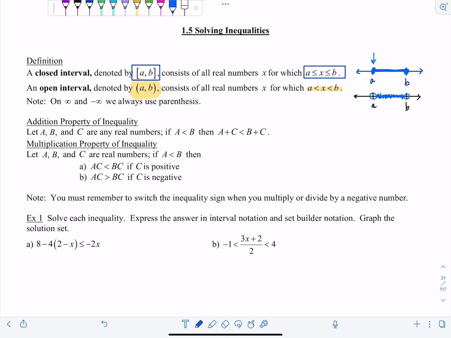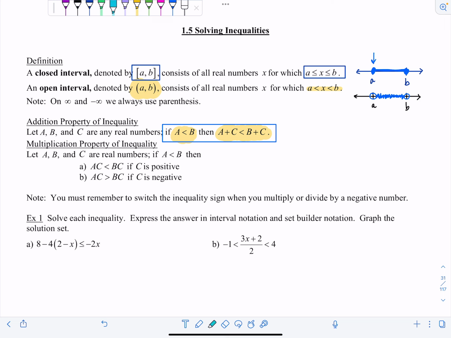Couple things to keep in mind when you're solving inequalities. You can add or subtract the same quantity from both sides and the inequality is preserved. So basically, if you start off with a is less than b, then a plus c is less than b plus c. Just like equations. However, things get a little more funky with multiplication.